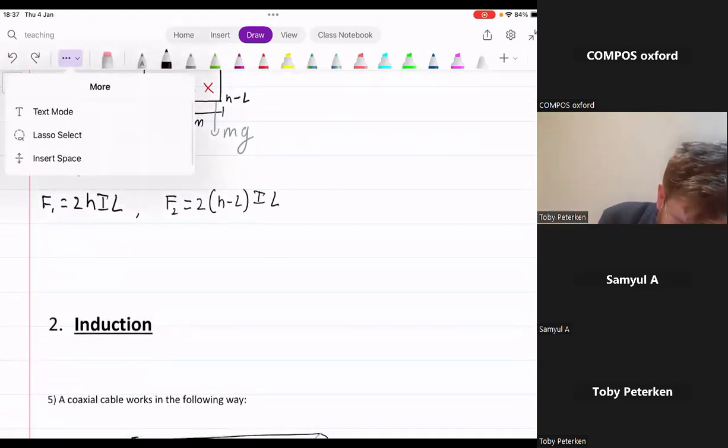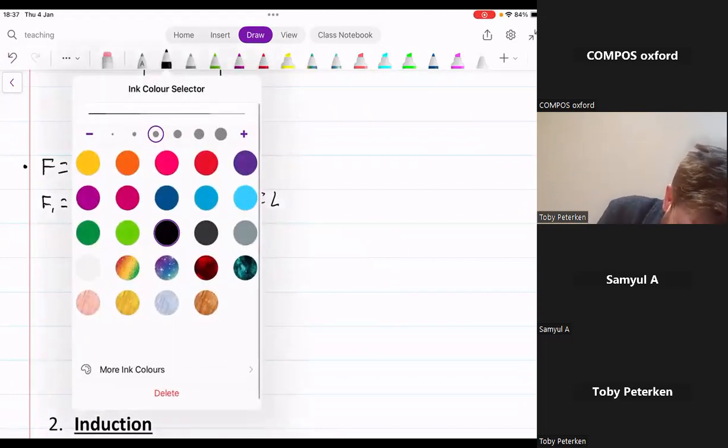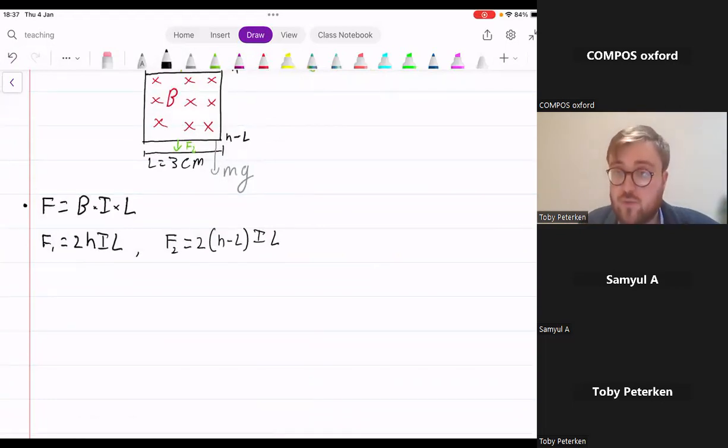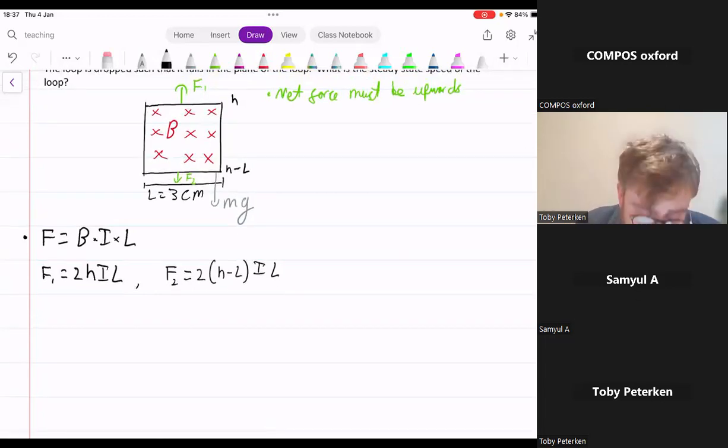Now, the induced EMF. We could have worked out these directions another way. It's falling down, so the flux is decreasing. So we need to induce a current such that the flux increases.